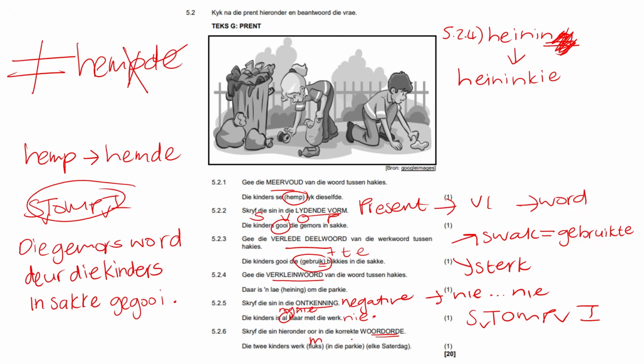In die parkie, that is a place, so that's plek. Elke Saterdag, that's a time period or a time of day, so that is time. So, die kinders werk, what comes first? Time. So elke Saterdag, then manner, fliks, and then place, in die parkie. So die twee kinders werk elke Saterdag fliks in die parkie.